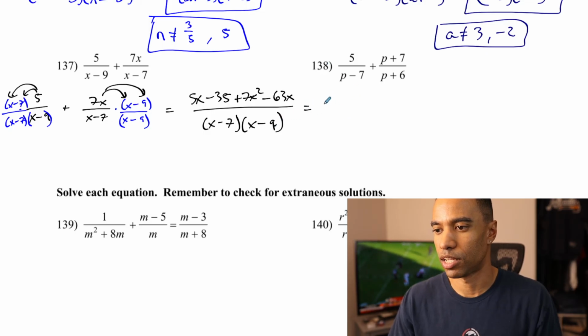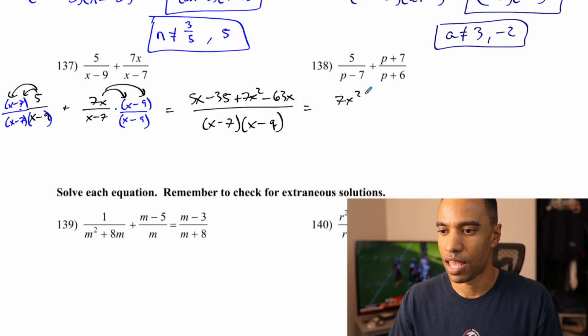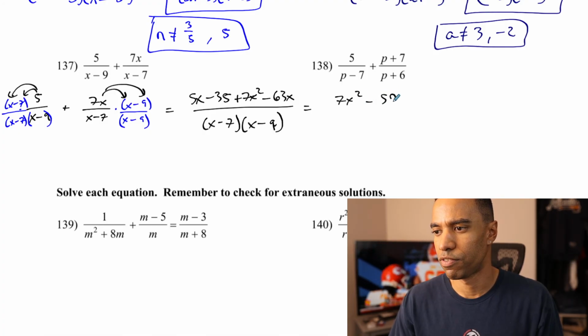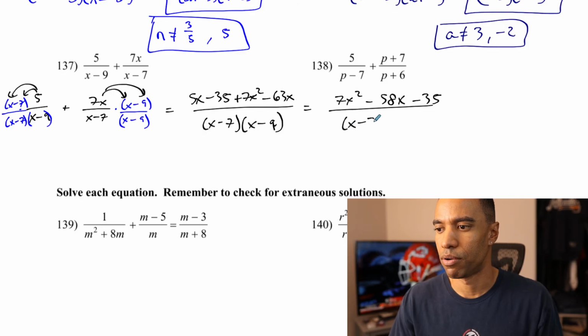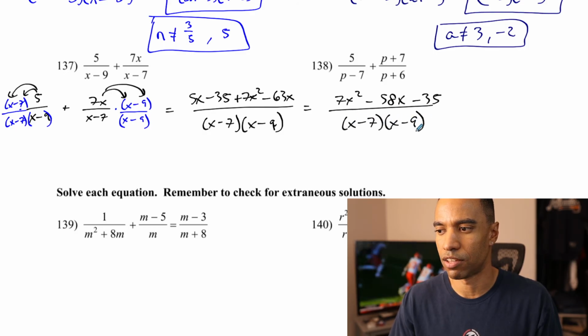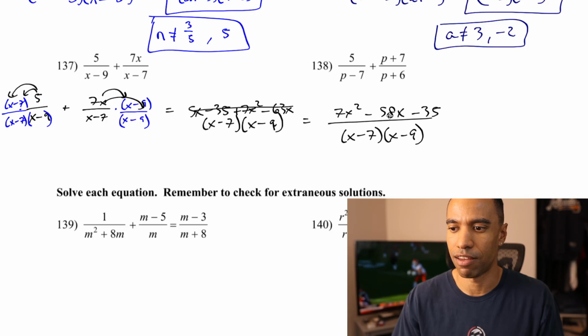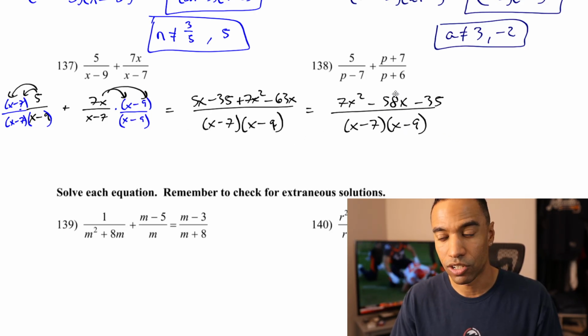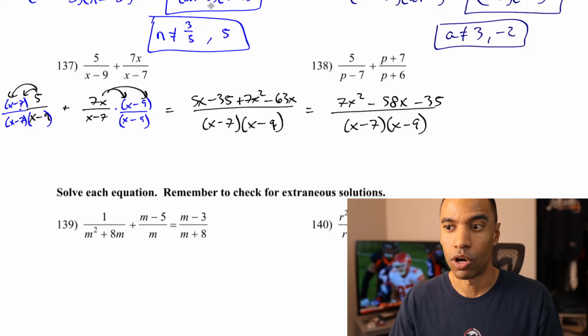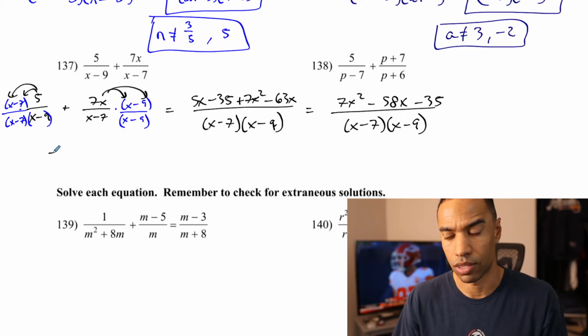Now on top, we'll try and combine like terms. 7x squared minus 58x minus 35 over this. Now, this is one of those cases where, because it's procedurally generated, I have no guarantee that this will factor. When I make a problem, I try to make sure that it does. They're not easy to make.